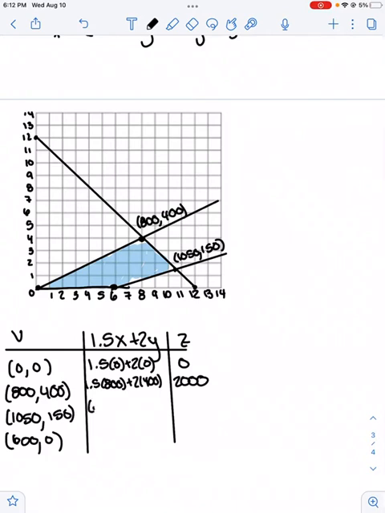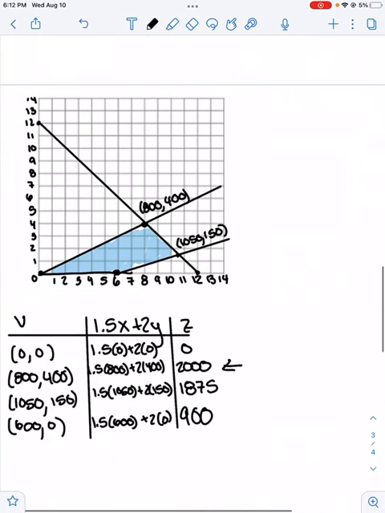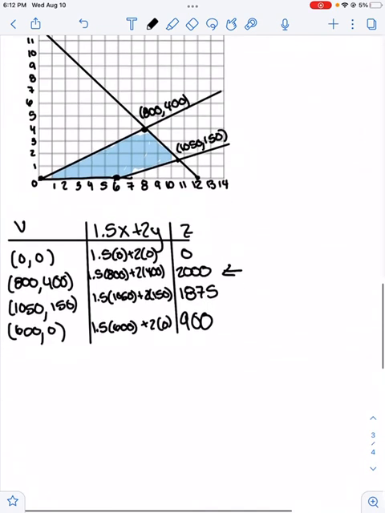And then 1.5 times 1050 plus 2 times 150, which is 1,875. And lastly, 1.5 times 600 plus 2 times 0, which gives us 900. So our max is 2,000.